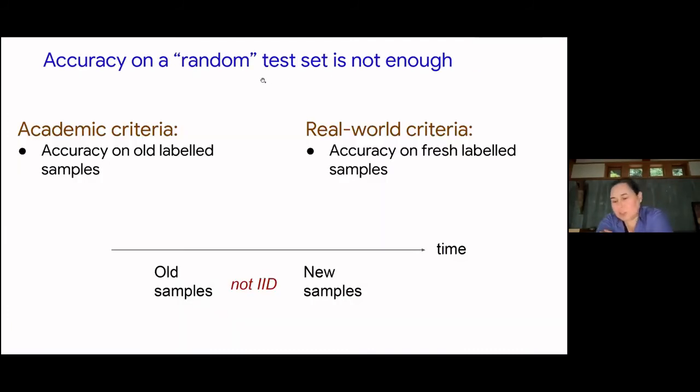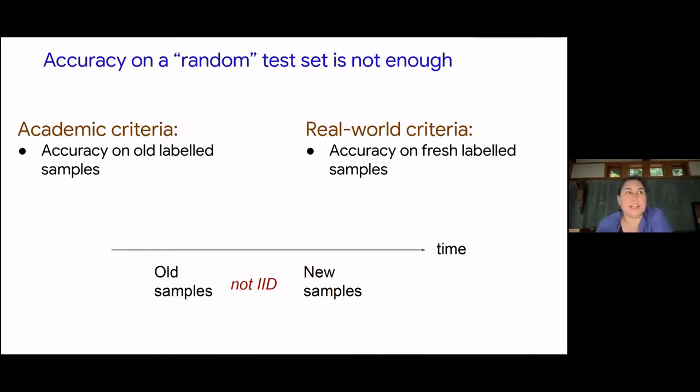And as we get into a conclusion here, I just want to really emphasize that in academia, when I was a professor, you just care about your accuracy on a test set, and that's just not really enough in the real world, and it's increasingly not enough. And part of the problem there is that that test set is always some old labeled training examples. But what you really care about is a bunch of stuff, one of which, even if you care just about test accuracy, is test accuracy on fresh labeled examples in the future, and how well this model is going to do, which is never quite IID.